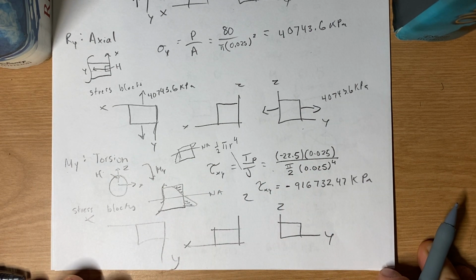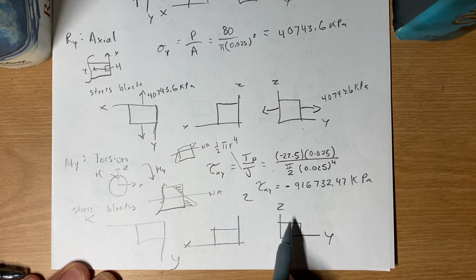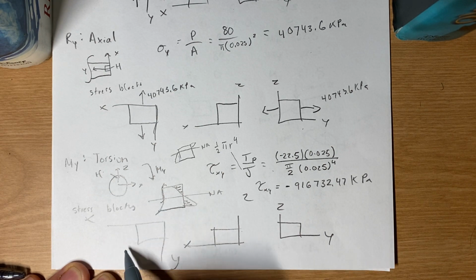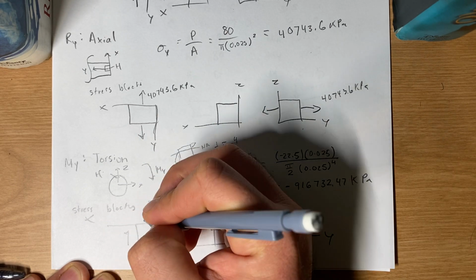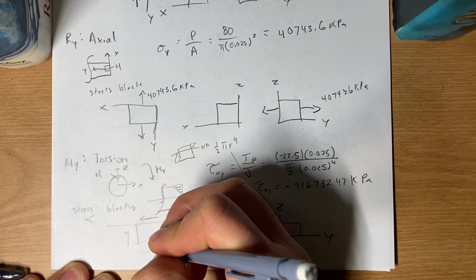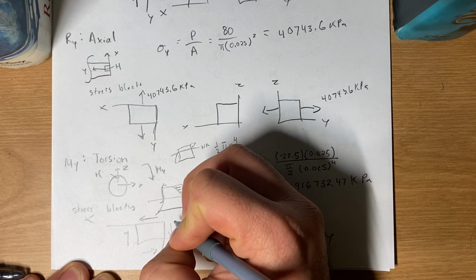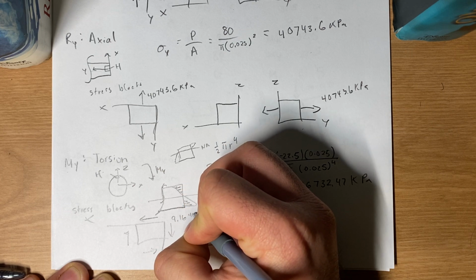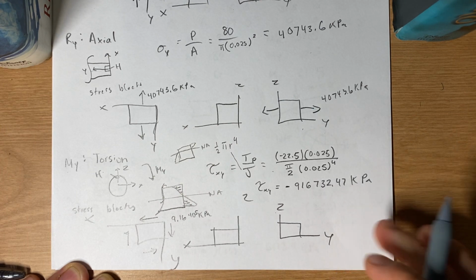That's how I know my stress blocks. So at my Z, nothing is going to occur. At these two, nothing is going to occur. So that leaves me with my XY. Since I have negative, it's going to go in this orientation. And if it was positive, it'd go the opposite. The arrows would just flip. So I have 9.16 times 10 to the 5 kilopascals, which is this value right here.